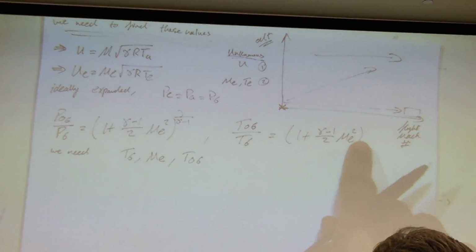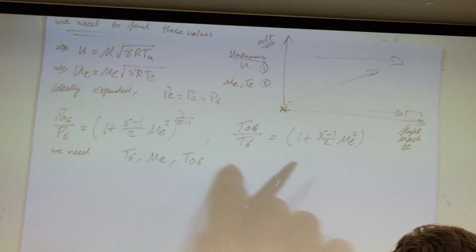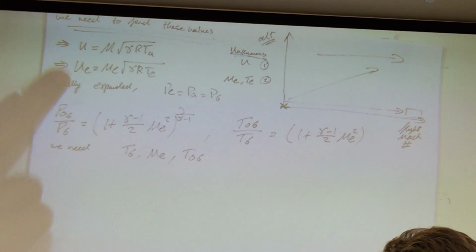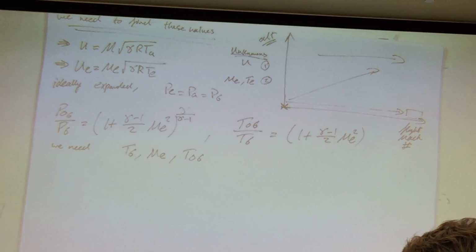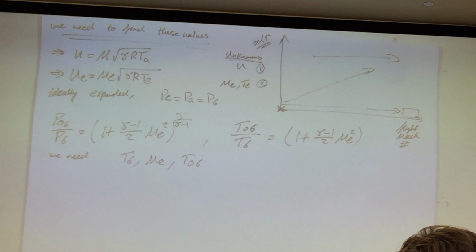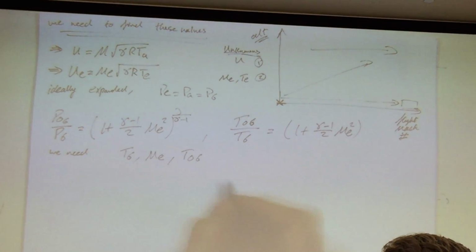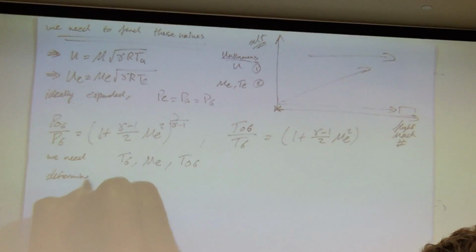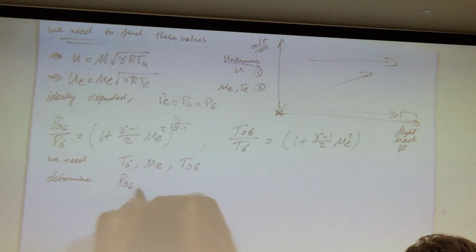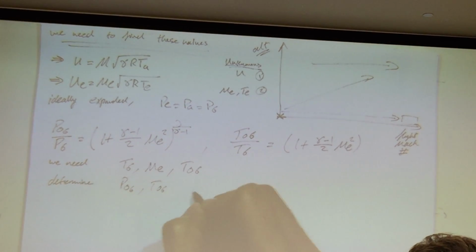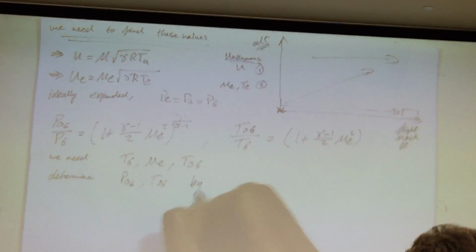Knowing my Mach number, I can come here and figure out my temperature ratios, which is again something that we're going to need to get the velocity, because I'm after specific thrust, but to get this, I need my static temperature as well. So we need to determine P stagnation 6 by walking through the engine.